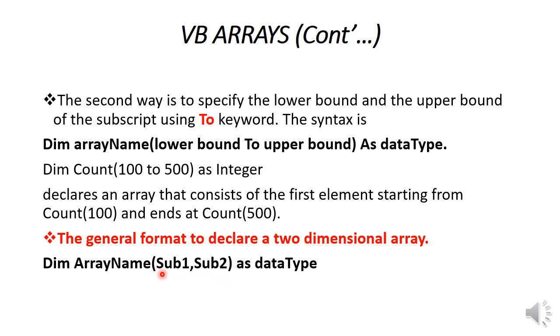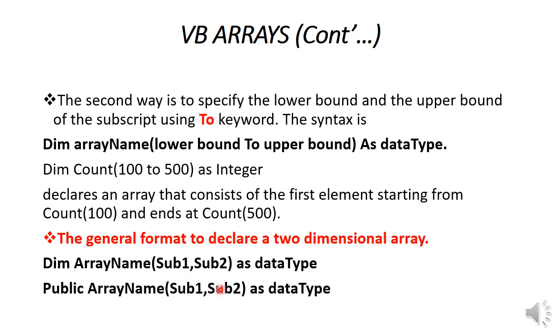And you see that sub 1 and sub 2 are separated by a comma. So you can also declare a two-dimensional array by using the public keyword so that it can be used by all procedures which are in this Visual Basic application.